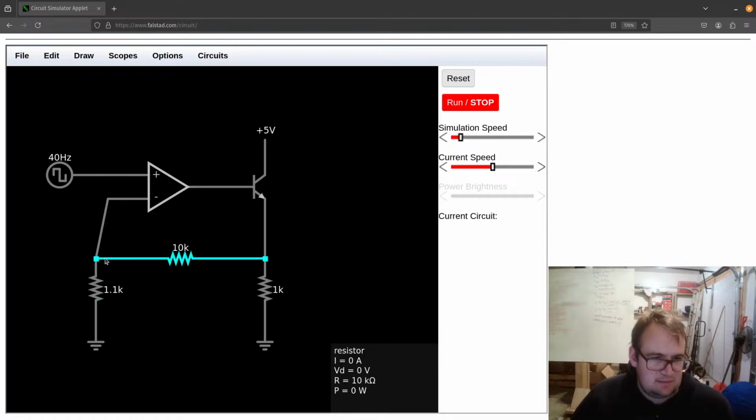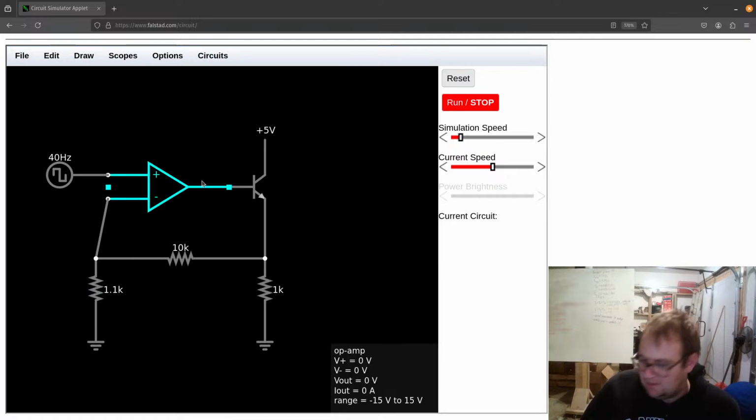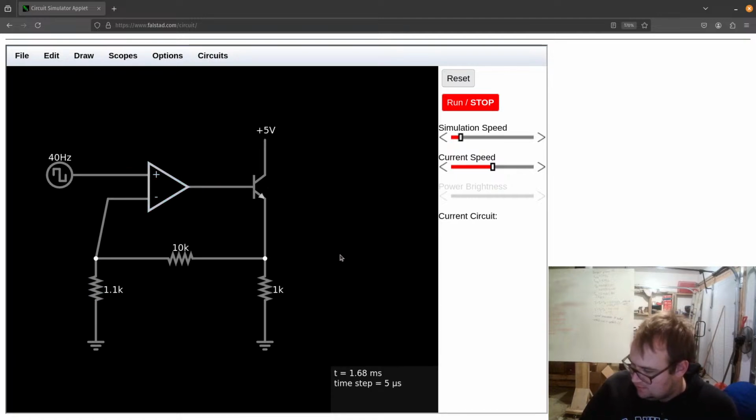Well, if we had, say, 6 volts here, then that condition wouldn't be satisfied. We'd actually have to have quite a bit of voltage, because I'm looking at these two resistors together. We'd have to have quite a lot there.